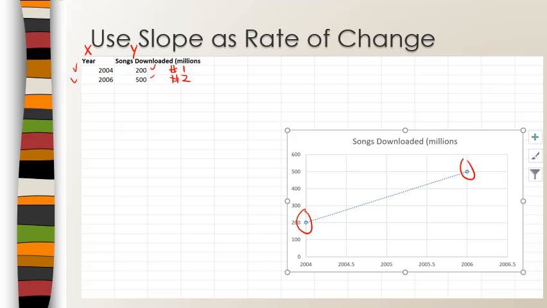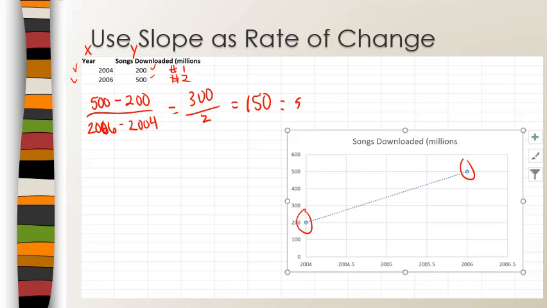So I got 500 minus 200 over 2006 minus 2004. And 500 minus 200 is 300. And 2006 less 2004 is 2. And so I've got a slope of 150. That would be my slope.